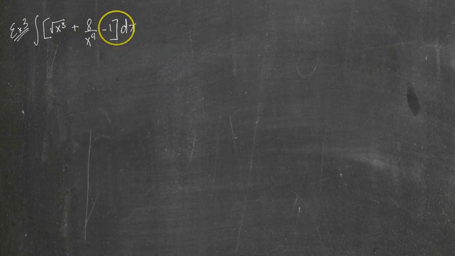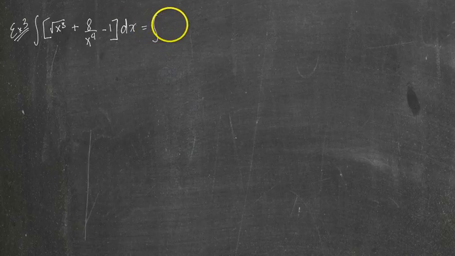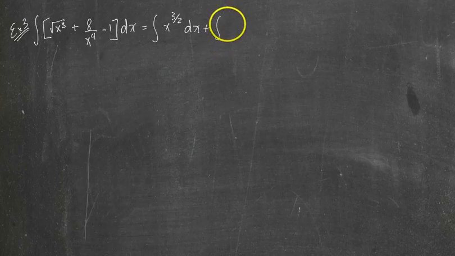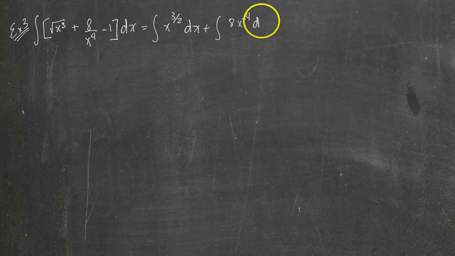First I want to use the polynomial rule, and I'm going to rewrite this as the antiderivative of x to the 3/2 dx plus the antiderivative of 8x to the negative 4 dx minus the antiderivative of 1 dx.